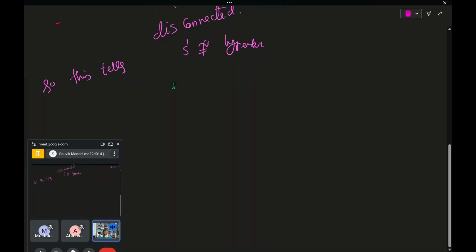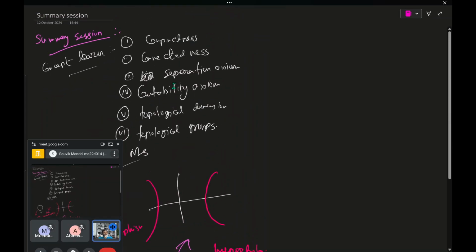Then there is topological dimension, and then something known as topological groups. In between we have done some non-linear spaces, but let's not get into this. Among the facts about compactness, the main important fact is that in a Hausdorff space, compact implies closed. Any continuous map sends compact spaces to compact spaces, and connected spaces to connected spaces.